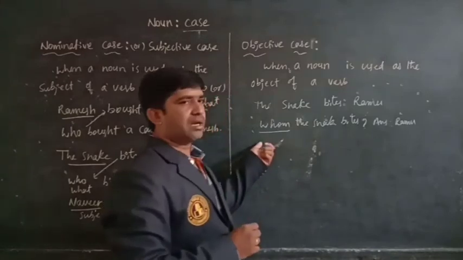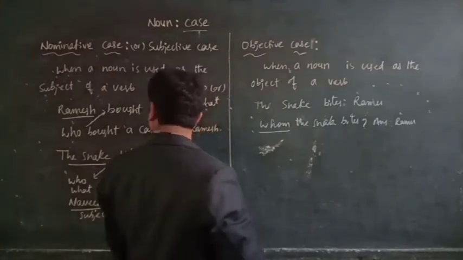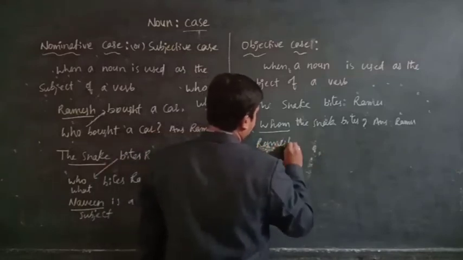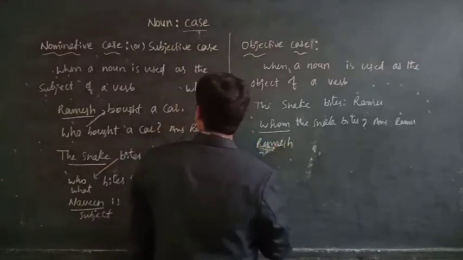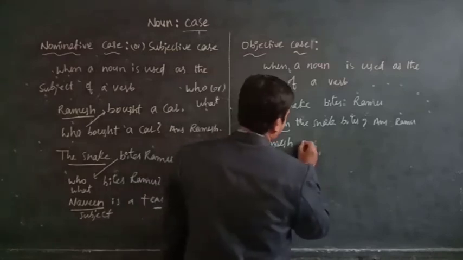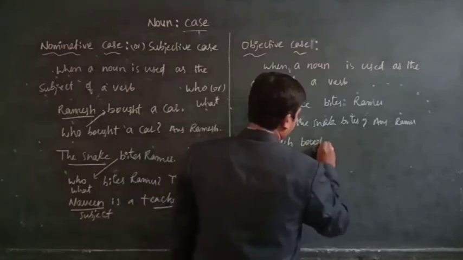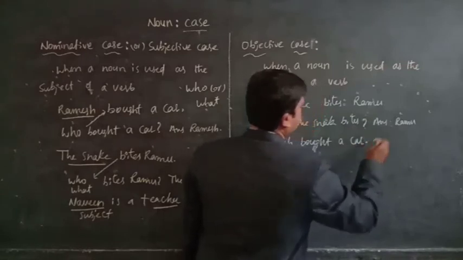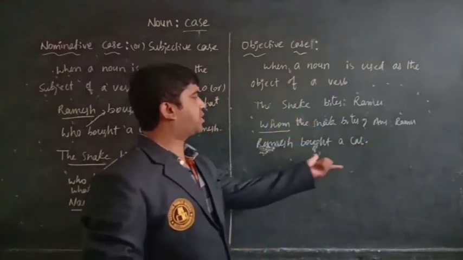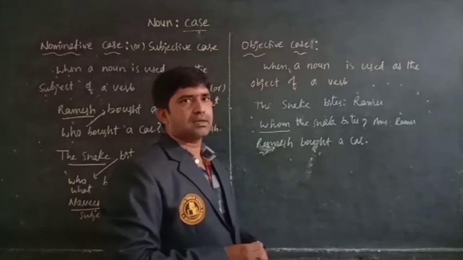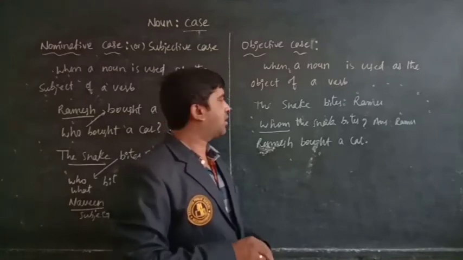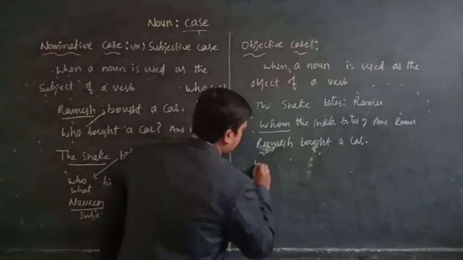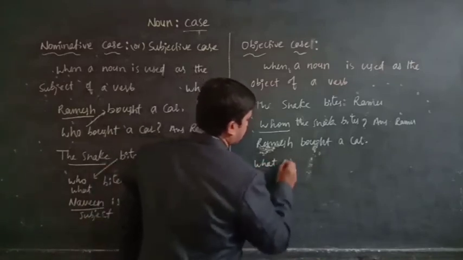Are we using what? Here is another example. We take the same Ramesh as a subjective case and the objective case. Ramesh bought a car. For knowing the object, what do you have to ask? We use a question word to know the object. Here, what?